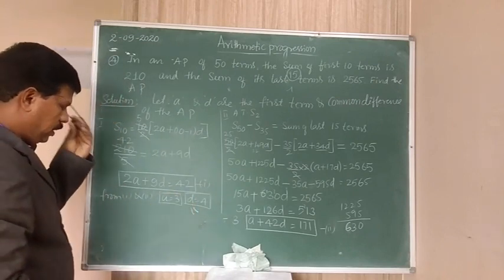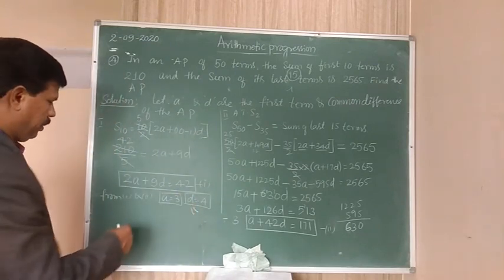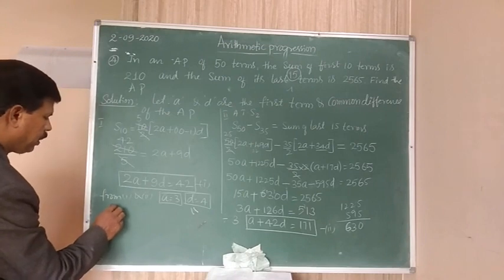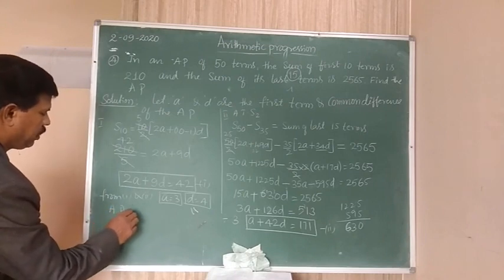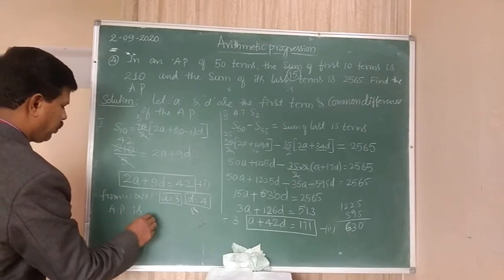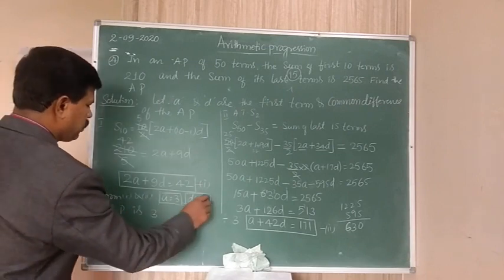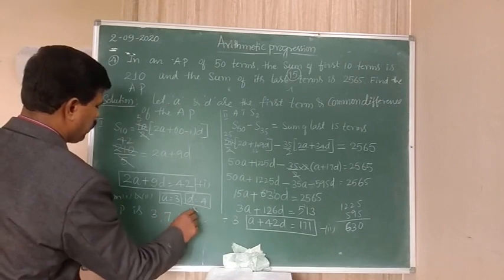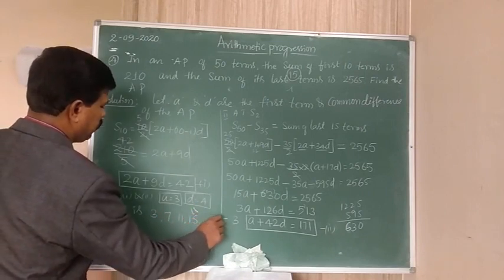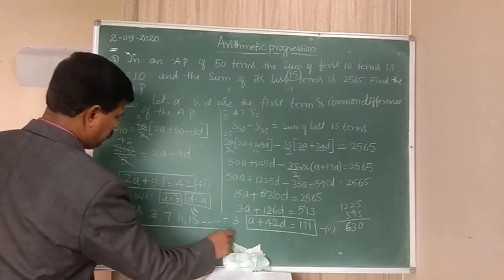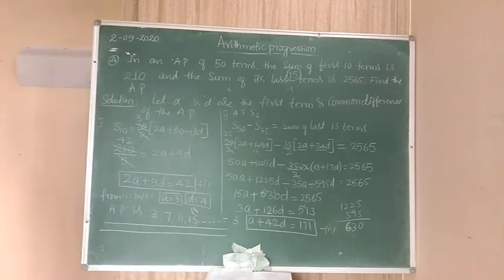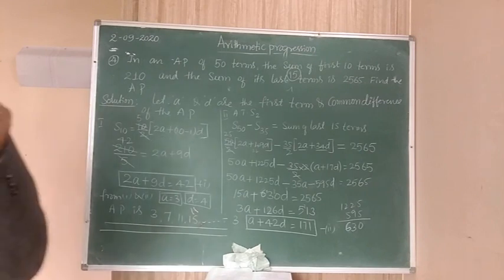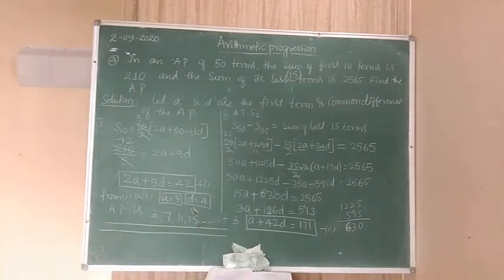Work it out, and if it does not come, tell me. Okay, the AP they asked for: first term is 3, 3 plus 4 is 7, 7 plus 4 is 11, plus 15, etc. This is the required AP. Understood? So see that one and work it out once or twice, you will get the answer.